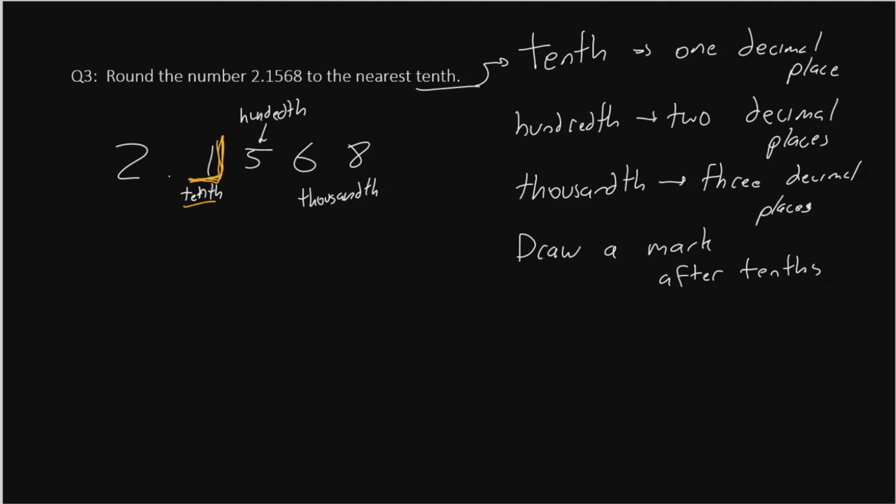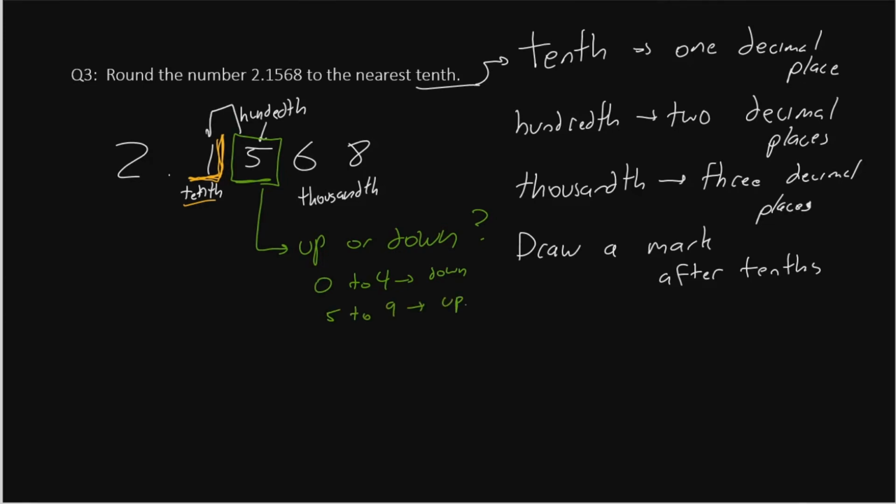So I've got 2.1 definitely in my answer, and then I can decide whether to round up or down based on the 5. So based on this 5, should I round the previous number up or down? Bearing in mind that 0 to 4 means down, and 5 to 9 means up.